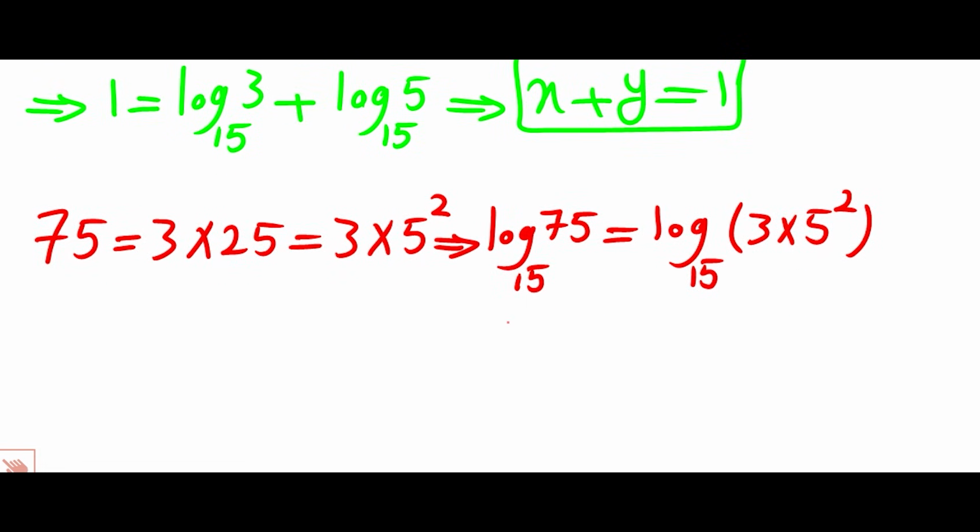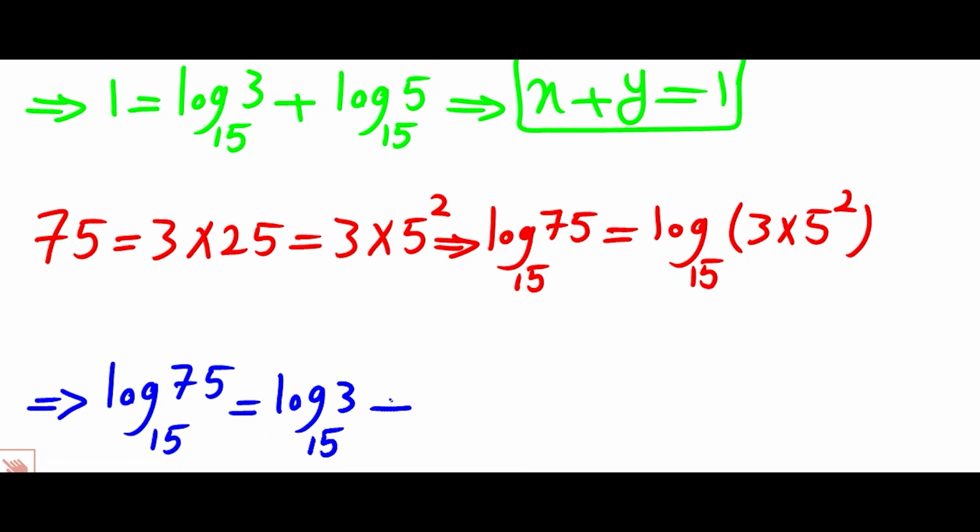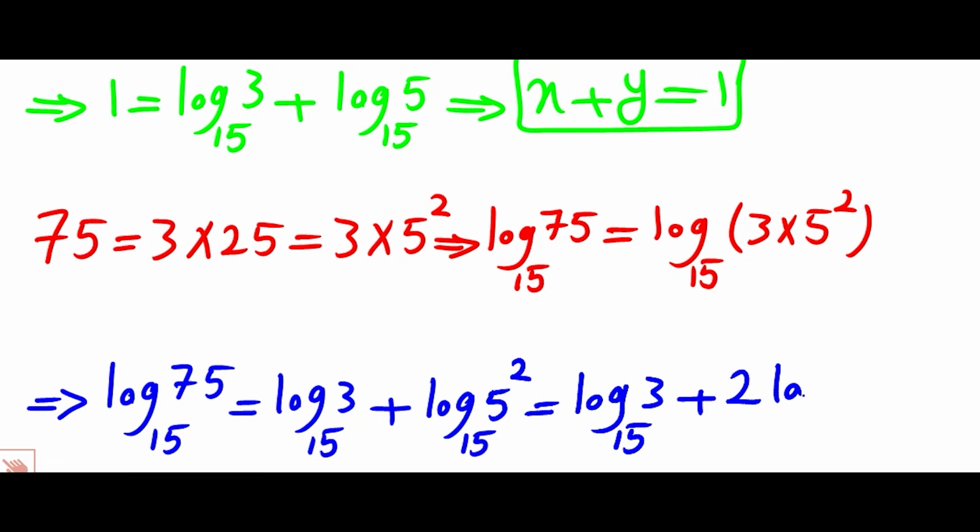Using the product rule and the power rule, we have log base 15 of 75 equals log base 15 of 3 plus log base 15 of 5 squared, or log base 15 of 3 plus 2 times log base 15 of 5. As you know, log base 15 of 3 is x and log base 15 of 5 is y, right?